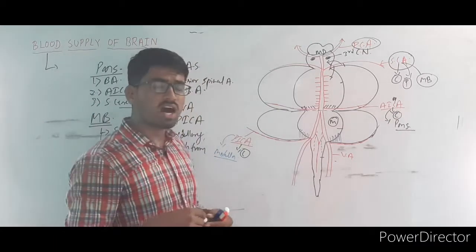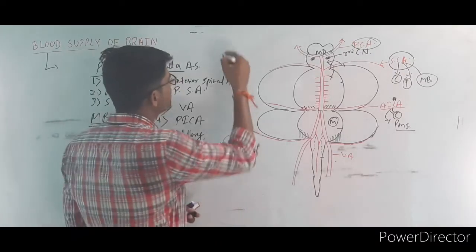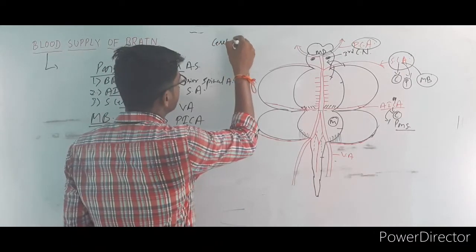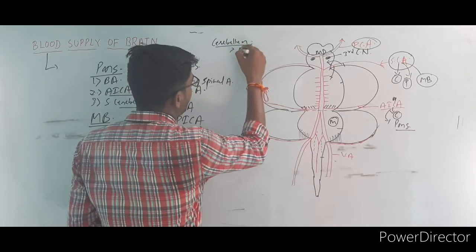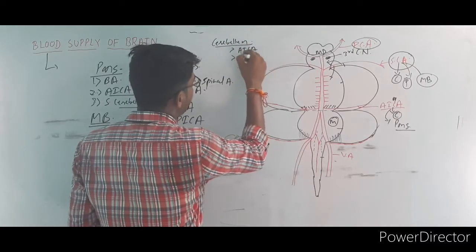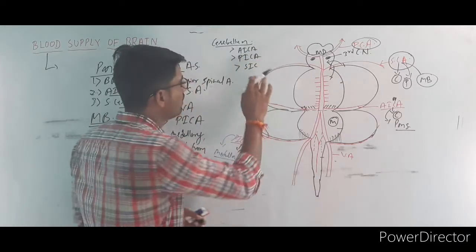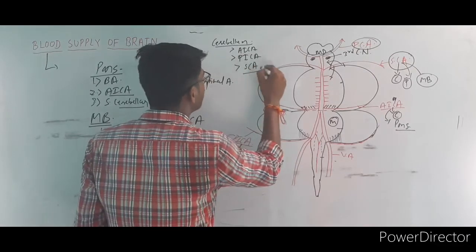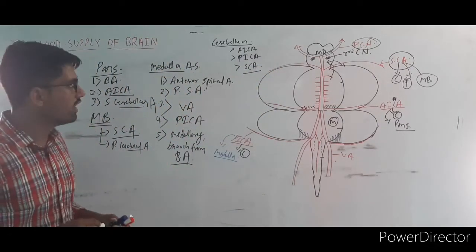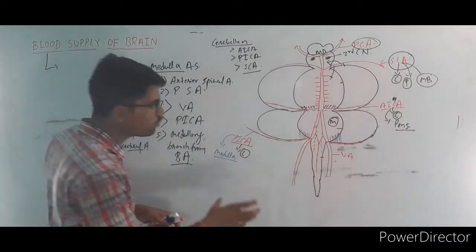Can you tell me the arterial supply of the cerebellum? Very easy. For the cerebellum: AICA, PICA, and SCA. Don't say there is SICA, okay? SCA. So this is the arterial supply of every organ. This is how you have to remember.